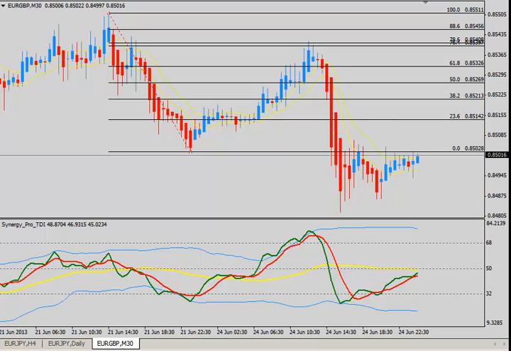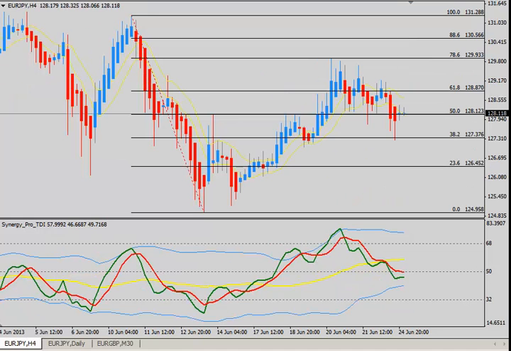Now, specifically, like I said, I prefer the 78.6 because I like to look for confluence, either in a larger fib or smaller fib, so I have two fib levels coming together, or look for previous highs and lows. I found in my personal experience that the market tends to favor the 78.6 along with previous highs and lows. If we take a look at this, if I put a horizontal line at that 78.6, you can see here that the market hit this low point.